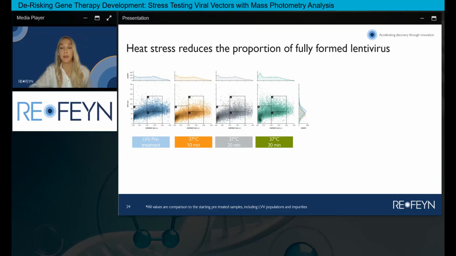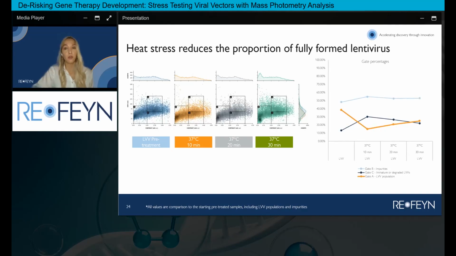Now, what happens if we expose the sample that you already saw to 37 degrees? In this case, the blue scatter plot represents our lentiviral vectors pre-treatment, and then going from orange, gray to green, that incubation time at 37 degrees increased.